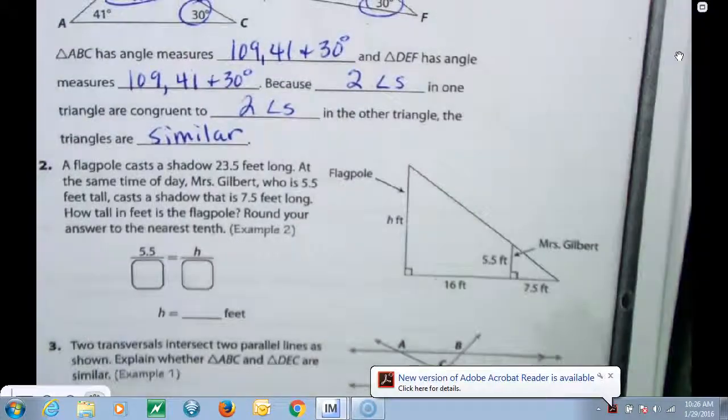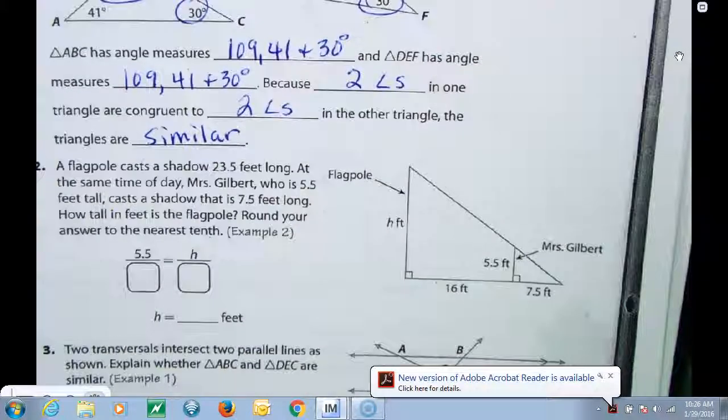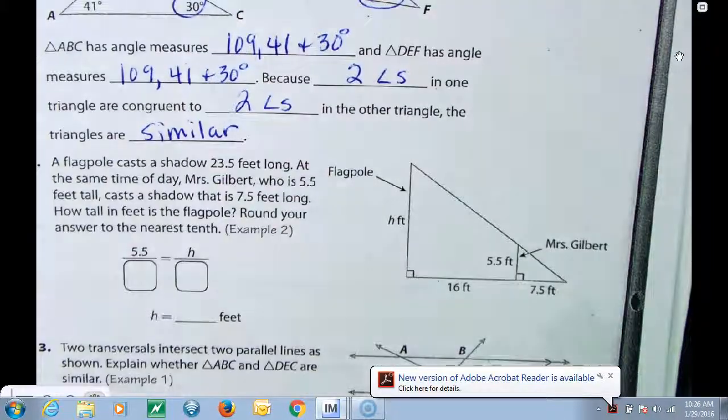Okay, number 2. A flagpole. Here we were talking about shadows a while ago. The flagpole casts a 23.5 feet long shadow. At the same time of day, exactly the same time, she is 5.5 feet tall and casts a 7.5 feet shadow.